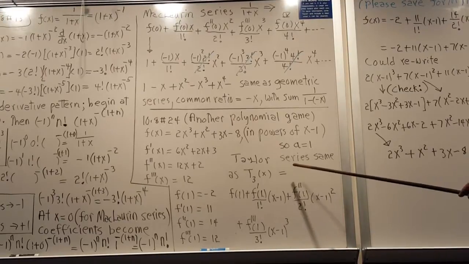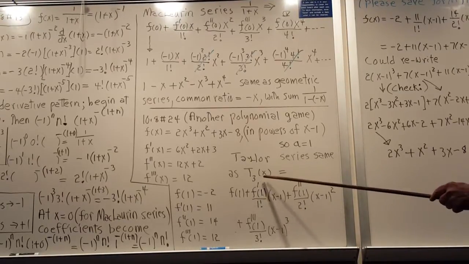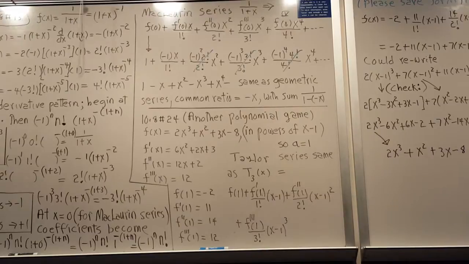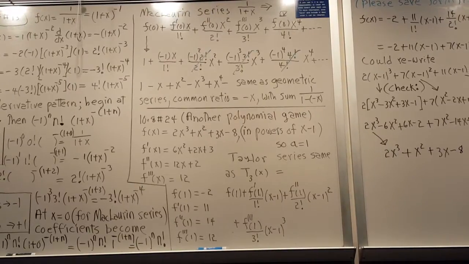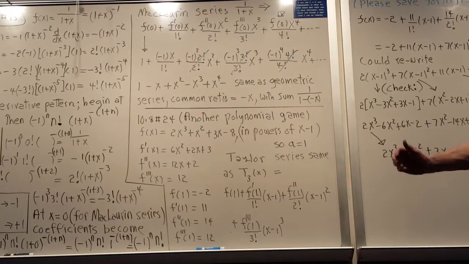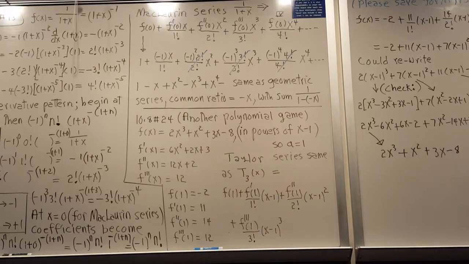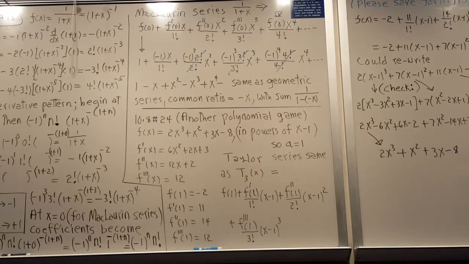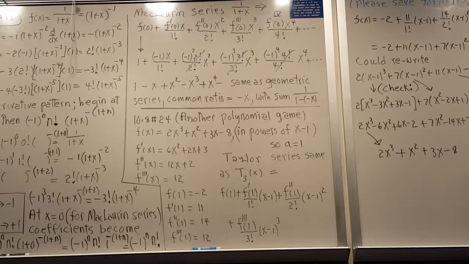So your Taylor series would be, in this case, the same as the third Taylor polynomial because your fourth derivative would be 0, so you'd have a 0 error term then.